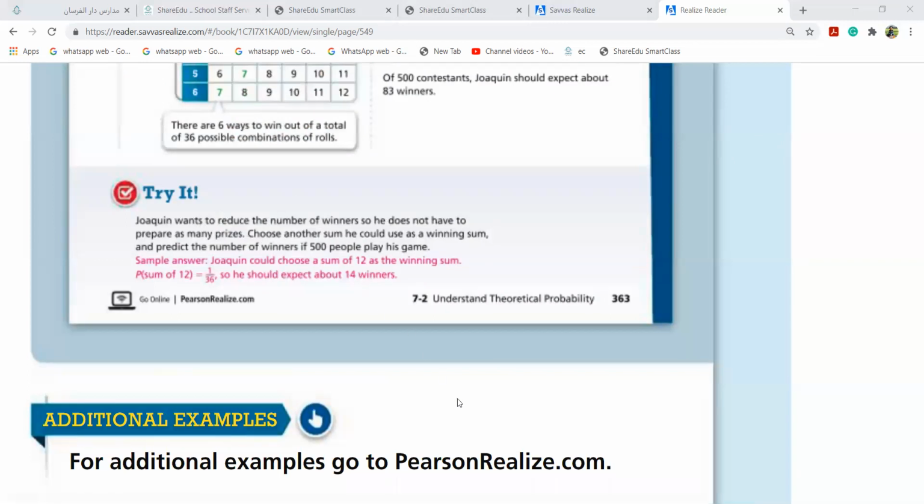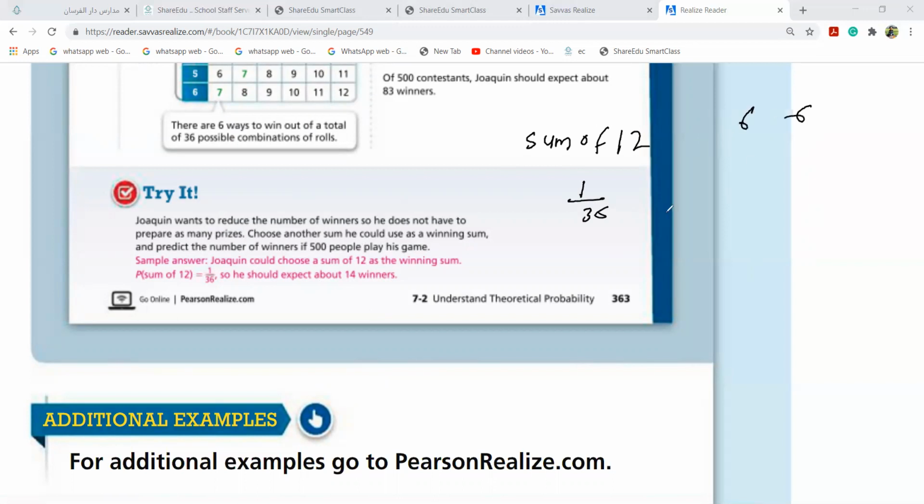Joaquin wants to reduce the number of winners so he does not have to prepare many prizes. Choose another sum he could use as winning and predict the number of winners out of 500 people. Okay, I choose a sum of 12 instead of a sum of 7. So how many chances do I have? Only one chance. Because a sum of 12, when will you get it, girls?